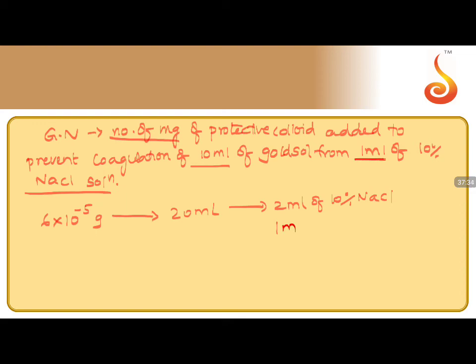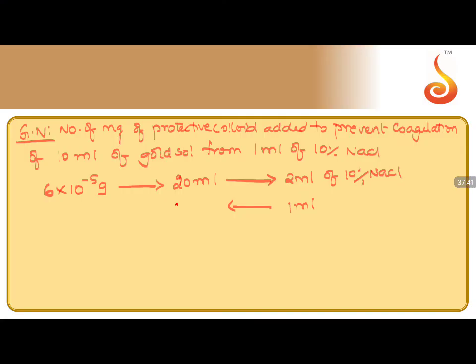So if I convert this into 1 ml, this will convert into 10 ml, and this becomes 3 × 10^-5 grams. This is as per the standard, but now this should be expressed in milligrams.